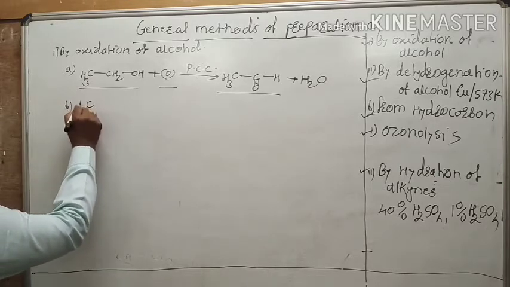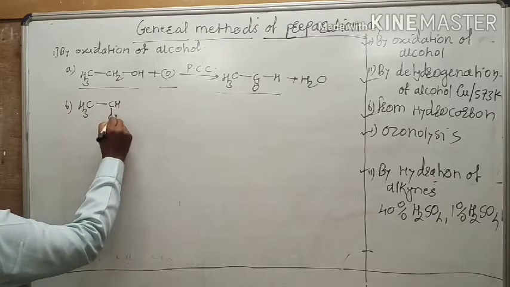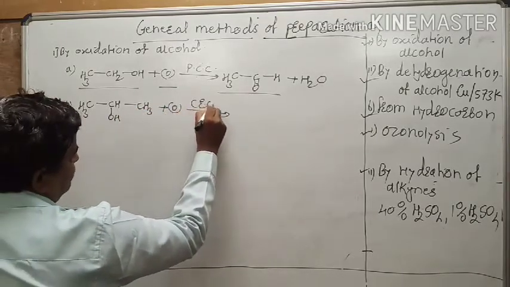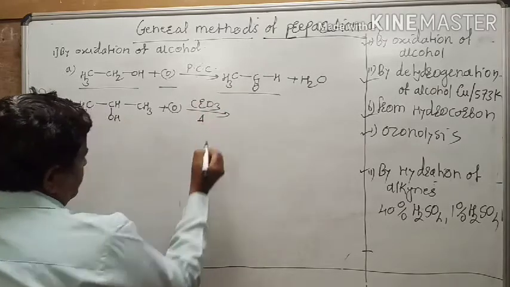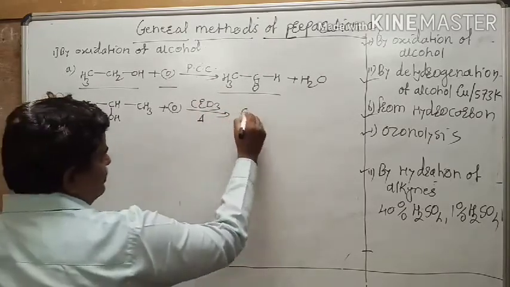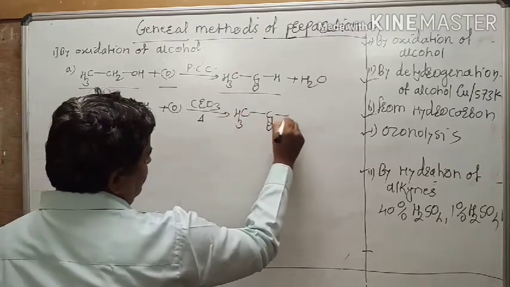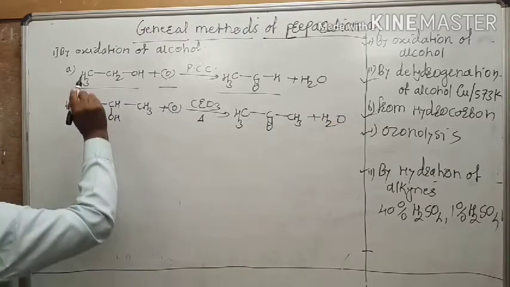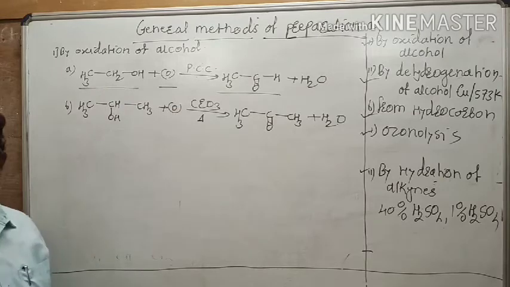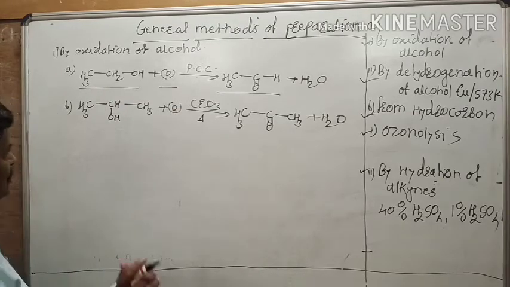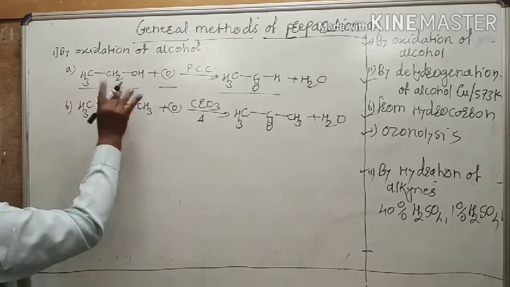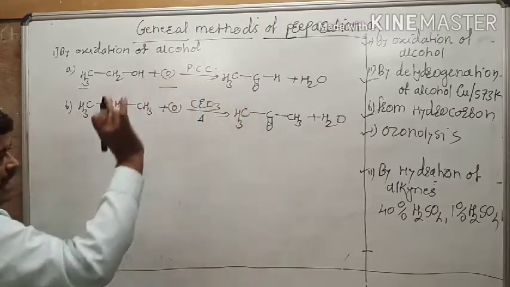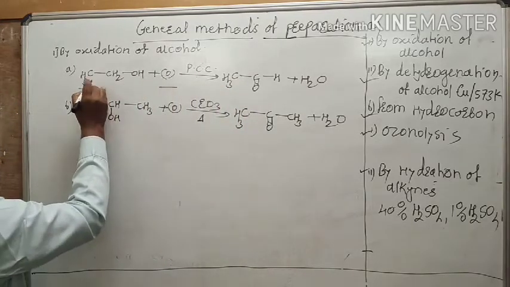Then secondary alcohol, when oxidized by using chromic acid, CrO3, then we get CH3COCH3 plus H2O. You should know the common name system as well as the IUPAC nomenclature system. Here this is ethyl alcohol, which is common name system. This is acetaldehyde, common name system, as well as you should remember the IUPAC nomenclature system.